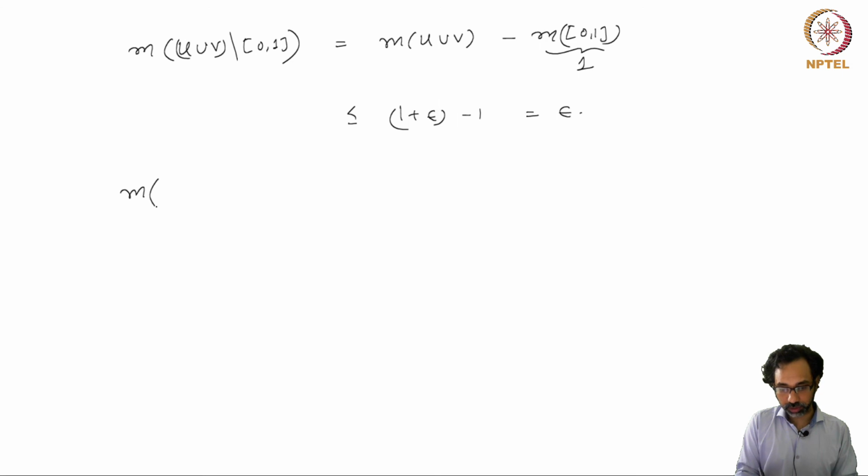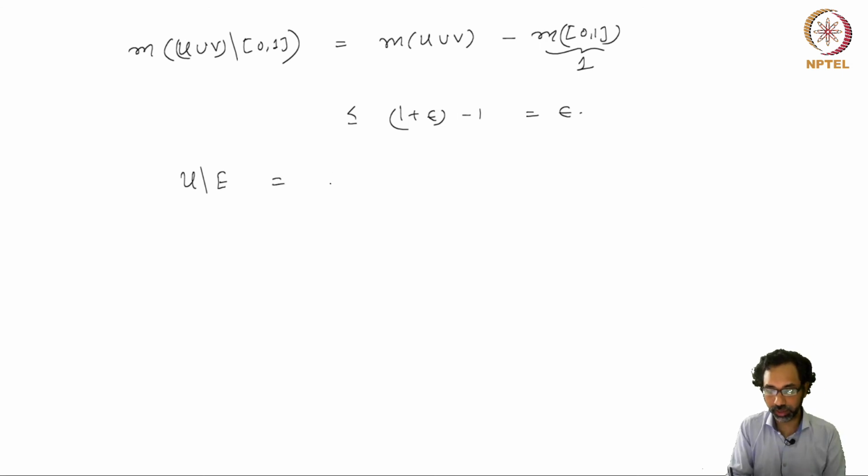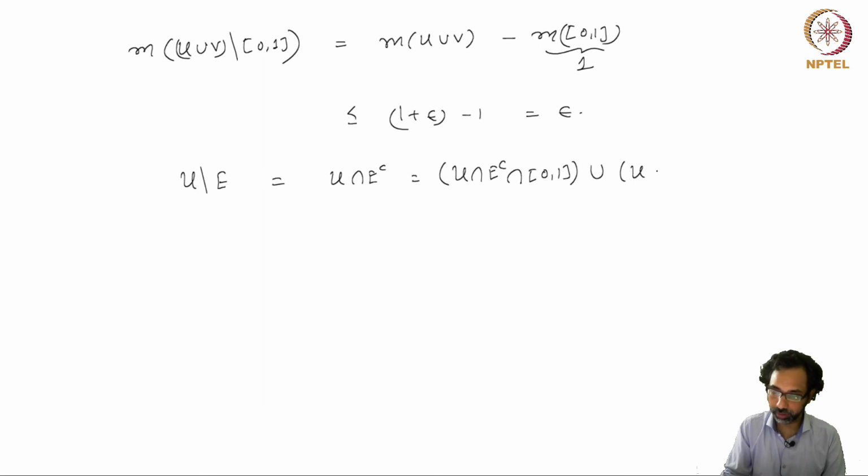Now if you take U minus E, you can write this as U intersection E complement, which can be further written as U intersection E complement intersection [0,1], union with U intersection E complement intersection [0,1] complement.